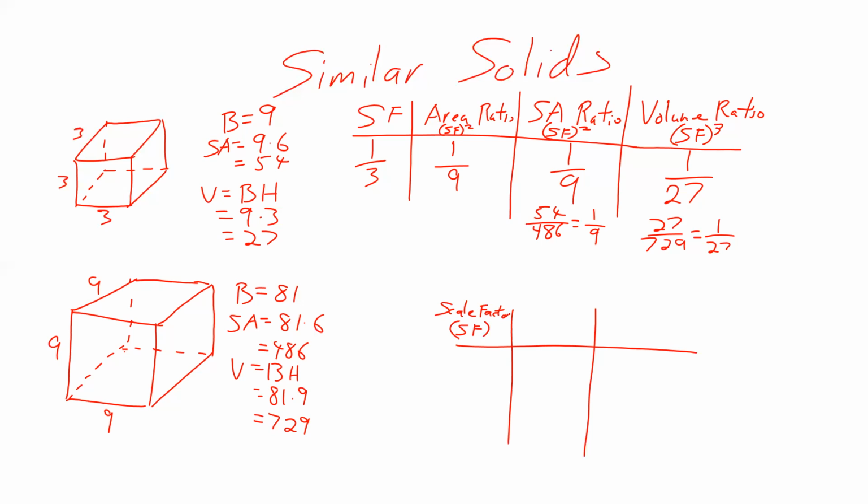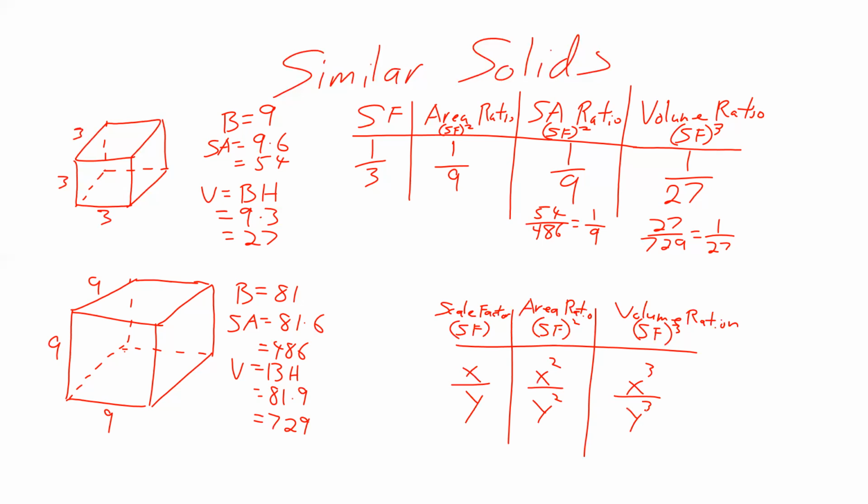All right, so scale factor, area ratio, and our volume ratio. So if I had x over y, this would be x squared over y squared. This would be x cubed over y cubed.